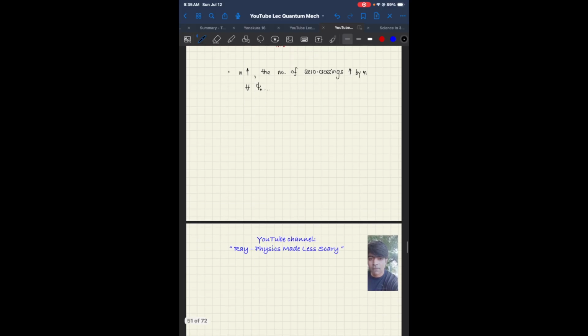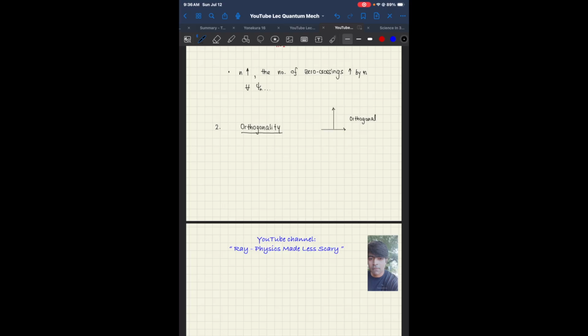Okay. The next thing that I want to talk about is called orthogonality. Well, from high school physics, we know what orthogonals are. So this is one line, this is the other line, right? So these are orthogonal lines or rays.